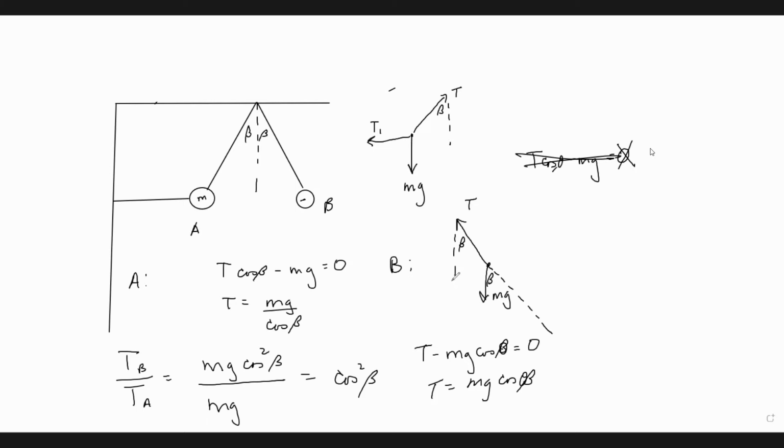This is really a subtle point. It is so tempting to write this equation right here, in which case the ratio would just be 1. But it's wrong, because the acceleration in this direction is g sine beta, and the acceleration in this direction is 0.